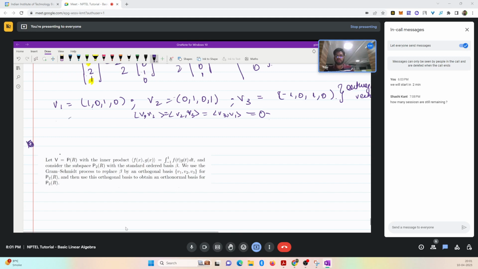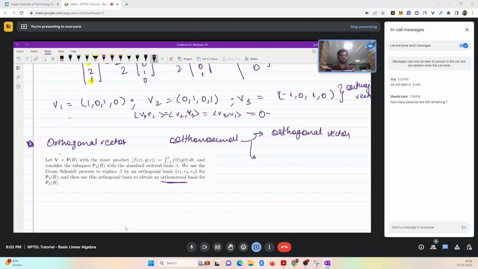One more thing: we obtained orthogonal vectors. If somebody asks you to obtain orthonormal vectors rather than orthogonal, then you first obtain orthogonal vectors, the same way we did, and then you normalize those vectors.